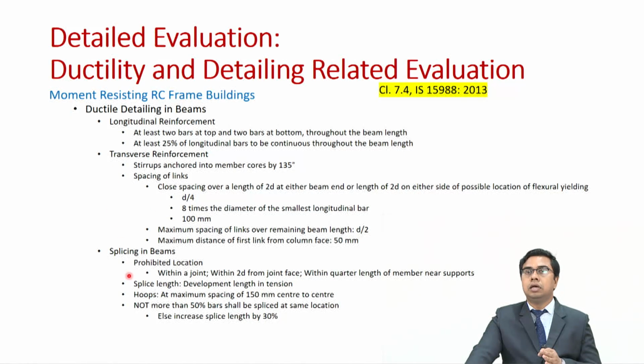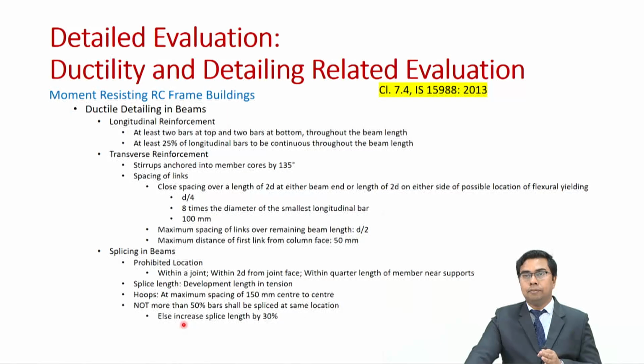We also have some provisions related to splicing in beams, which is prohibited within a joint, within 2D from the joint face, and within the quarter length of member near supports. The splice length also has to be at least equal to the development length in tension. The hoops should be at maximum spacing of 150 millimeters center to center. Then we will not be splicing more than 50% bars at the same location.